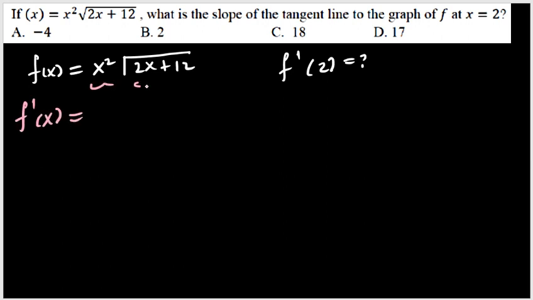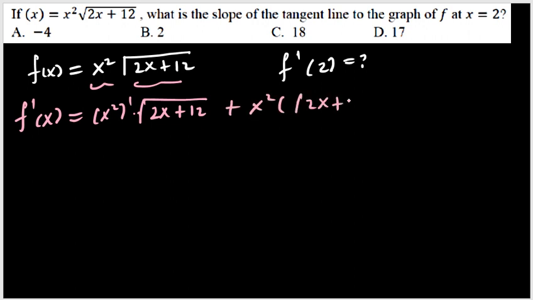Two functions are here. So x squared derivative times square root of 2x plus 12, plus x squared times the derivative of square root of 2x plus 12.